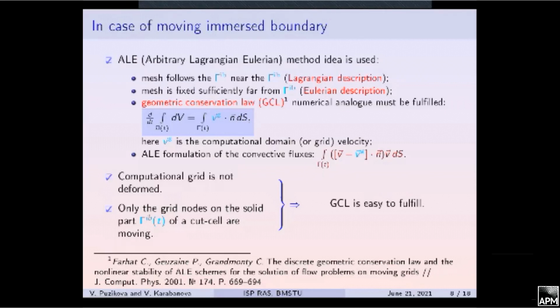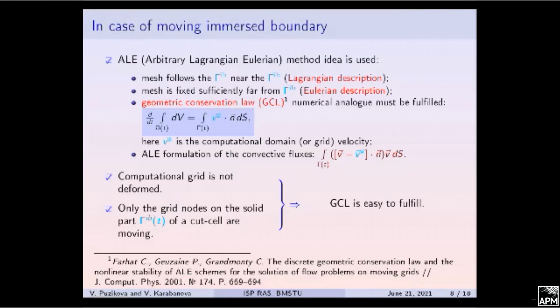This equation is obtained by requiring that a uniform flow is the solution to the ALE equations and states that the change in volume of a cell during a time interval must be equal to the volume that has been swept by the cell boundary.